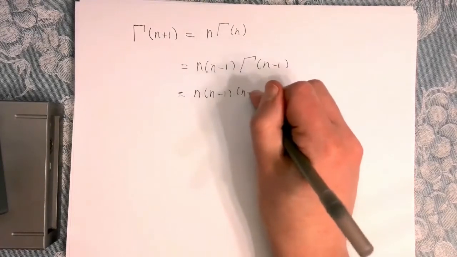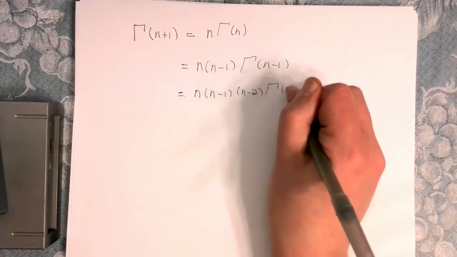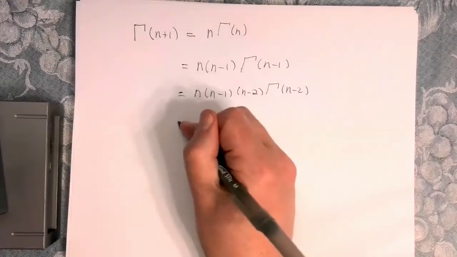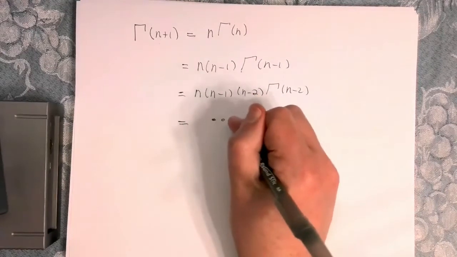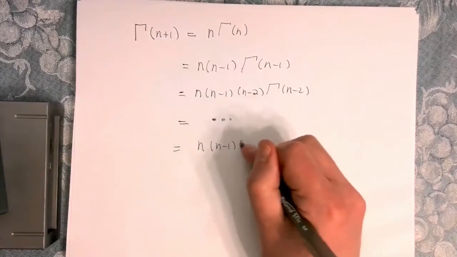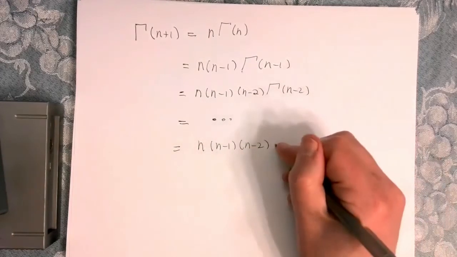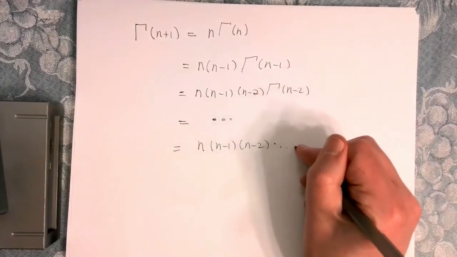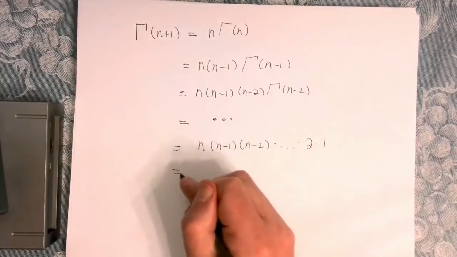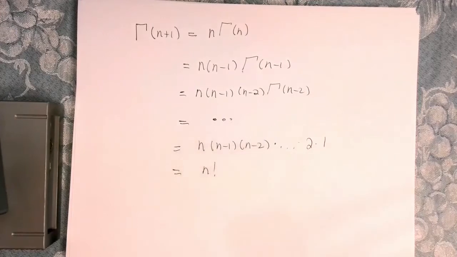Well, it's n minus 2 times gamma of n minus 2. And I can keep going, because I eventually get n times n minus 1 times n minus 2. And then eventually I get down to 2 times 1. But that's exactly n factorial.